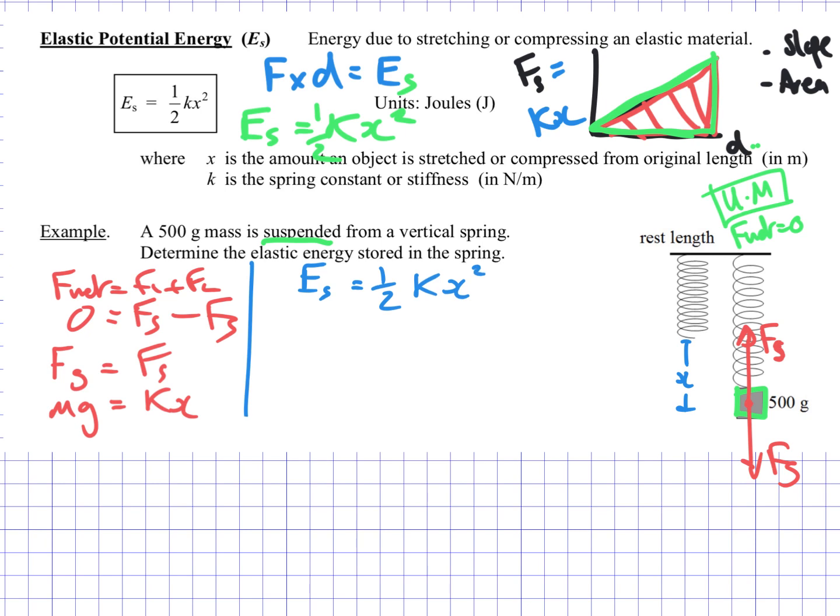Now, if we knew this value, which I'm going to give you in just a second, then we can go ahead and solve this equation for the spring constant and then insert it in. So let's just finish this off here. We're going to say the spring constant is going to be equal to mg over x. This can now be inserted into this equation.